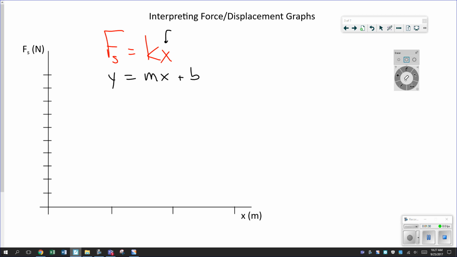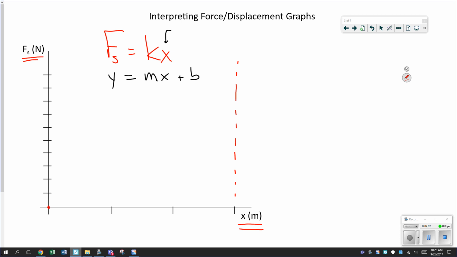And you'll notice that our spring force doesn't have a term there for the plus b, which really means that b is 0, which really means that the y-intercept of this graph is 0. And that's because if a spring is not displaced at all from equilibrium, then the spring doesn't apply any force.